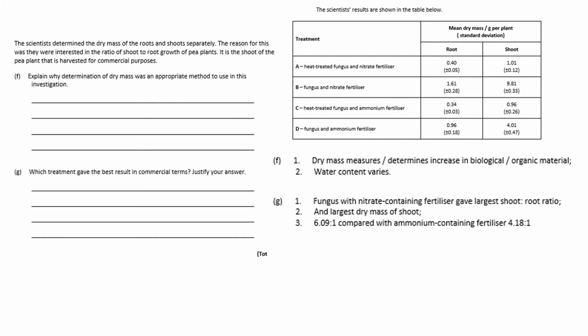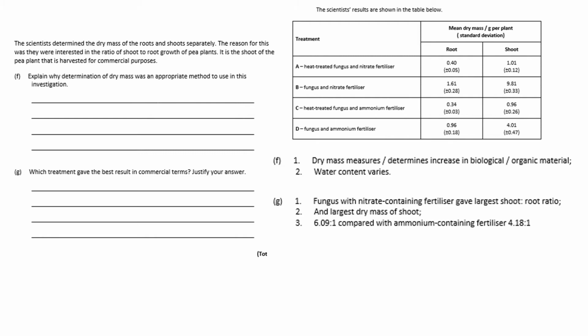And it's the shoot that is most commercially important to the scientists. So they wanted the biggest shoot to root ratio. In other words, they wanted the shoot to be much bigger than the root. So the plant would invest more of its energy in producing the shoots rather than the roots. Those would be the plants they were most interested in commercially.